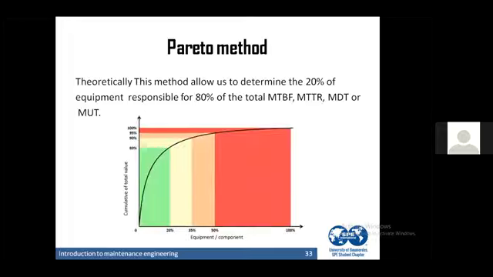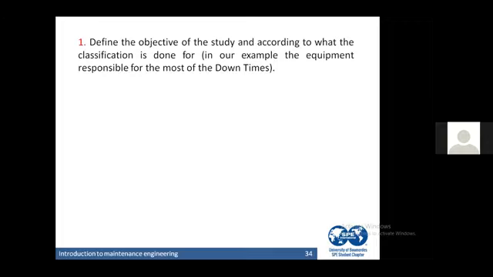This is theoretical, but in reality this 80% and 20% can vary. For example, 60% of equipment can be responsible for 50% of the total. Let's take this example to understand the Pareto method.